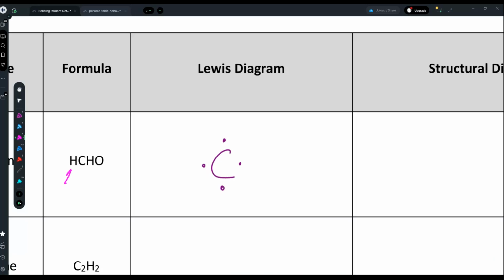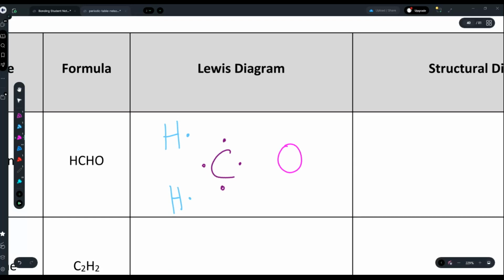So because the hydrogens are kind of around the carbon there, it's possible that the hydrogens may be bonded to the carbon. So let's put a hydrogen here and a hydrogen there.